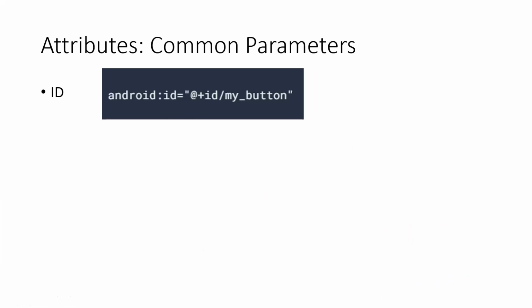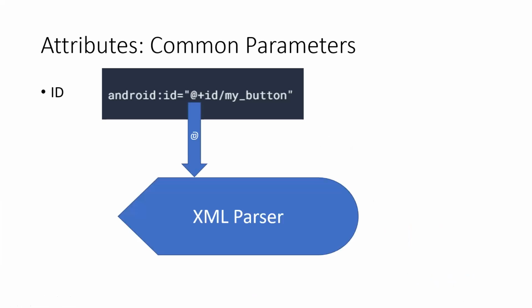One of the common parameters is ID. This is how ID is written: android:id equal to, in double quotes, @+id/my_button. Let's try to understand what each piece means. The @ is given to the XML parser.